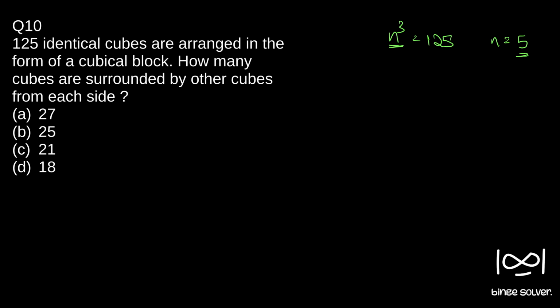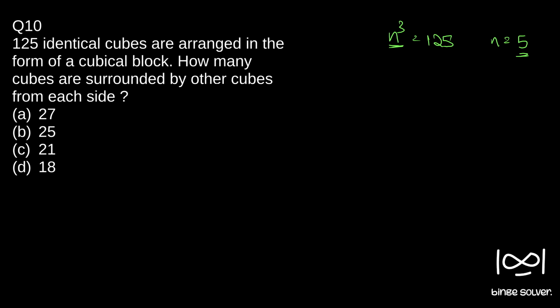This is like the usual question asking for the number of cubes that have no side painted. They will say all the cubes are painted, and when we open up, what is the number of cubes that are not painted. It's the same kind of question, worded differently.